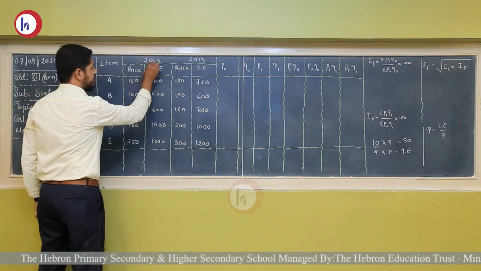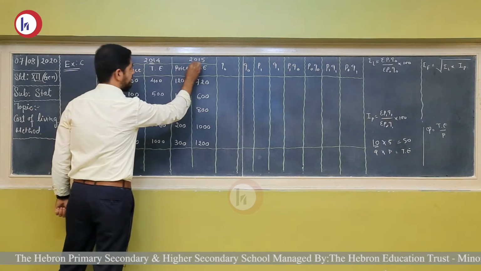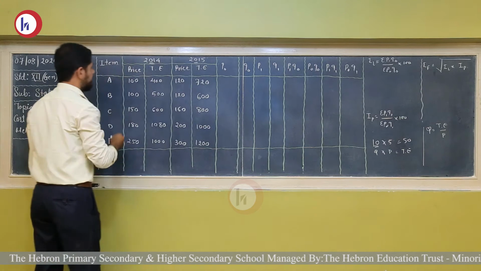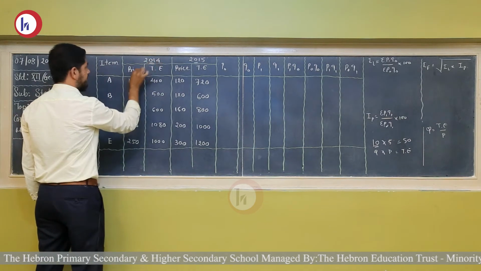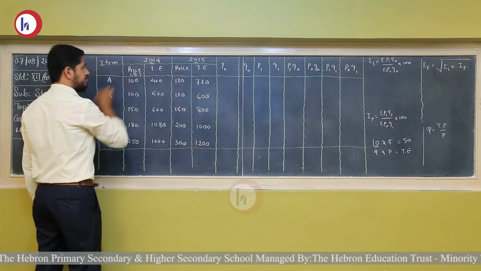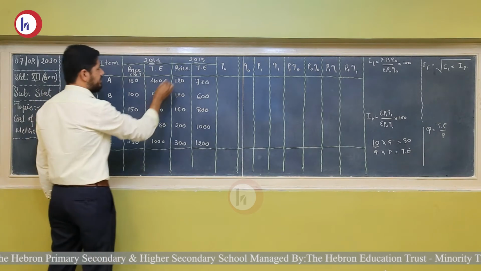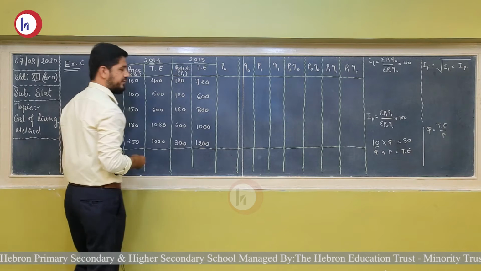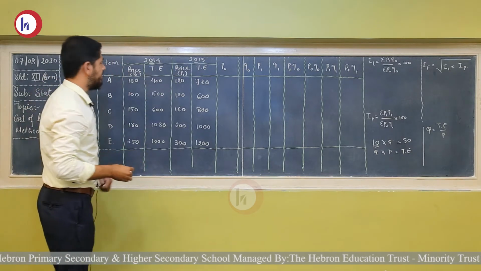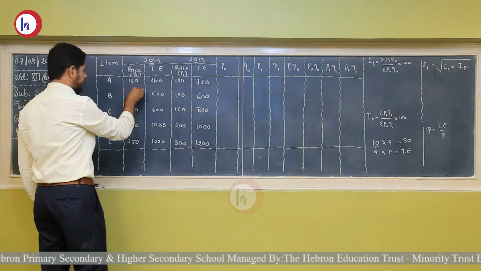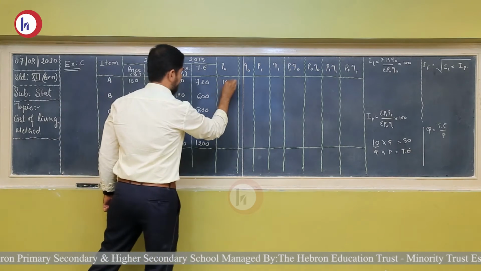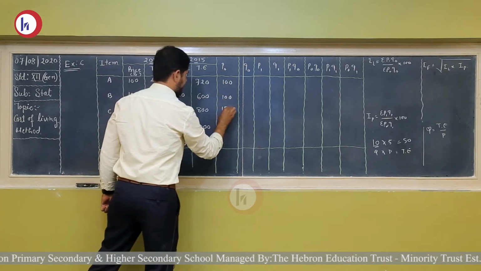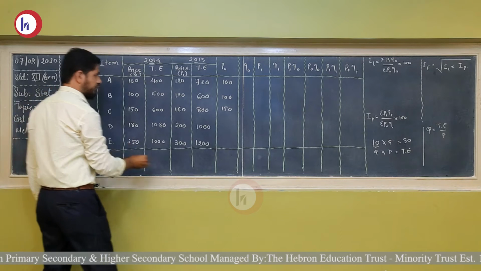So 2014 is the base year and 2015 is the current year. So the price of 2014 we will denote by P0 and the price of 2015 we denote by P1. Now let's copy the values. So P0: 100, 100, 150, then 180 and 250.